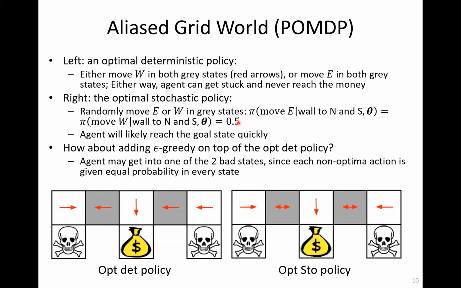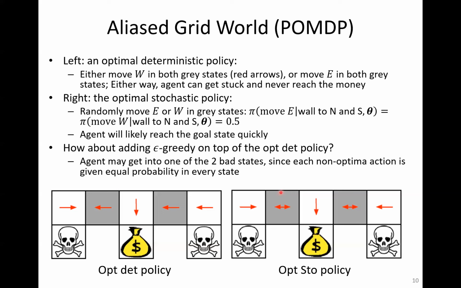I'm sorry, I didn't say that right. The walls are to the north and south, so you cannot move north or south because you're blocked by the walls. But on the east and west in these gray states, there are no walls. You can move. So if you have walls to the north and south, you're in one of the gray states.